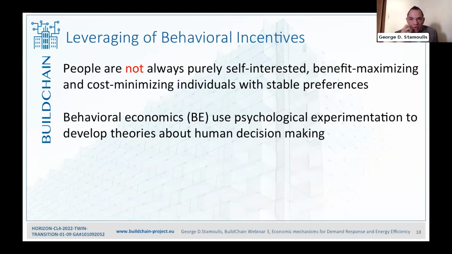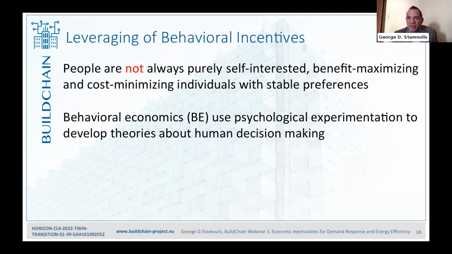So far, we have only dealt with economic incentives, and we have formulated an optimization problem and solved it in a distributed manner using economic mechanisms. However, people are not always purely self-interested. They are not always benefit maximizing or cost minimizing.